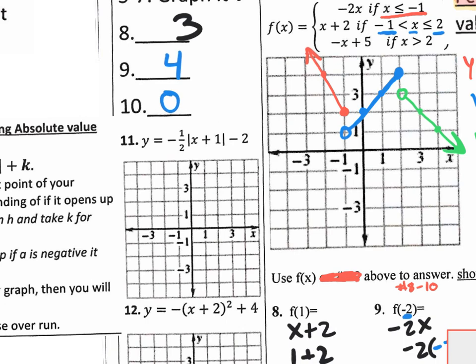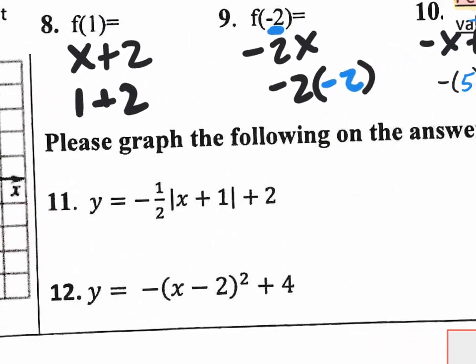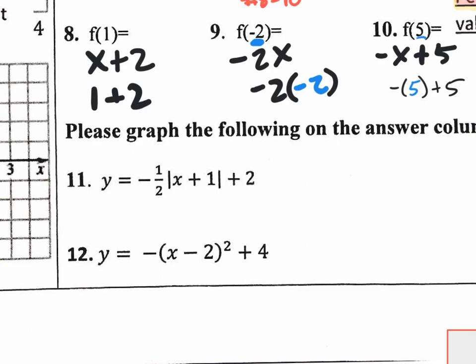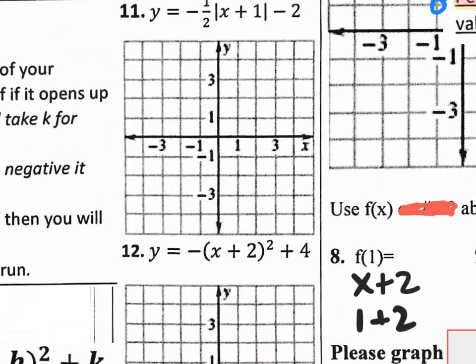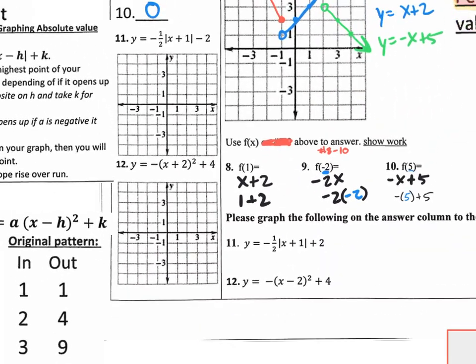Okay, another typo. What typo? Well, down here it says, please graph the following on the answer column to the left. That's great. Instructions are great. But if you notice, this equation is different than this equation. So let's always go with what's given to us where the graph is at, all right? I already changed this for my future classes on my computer.